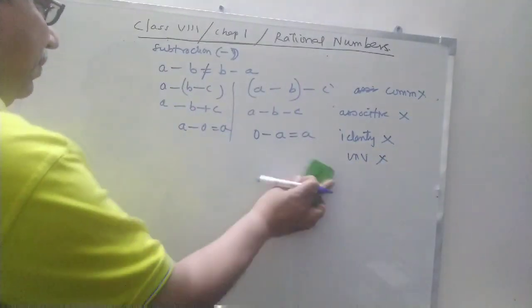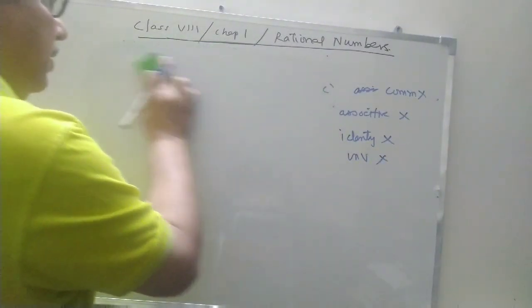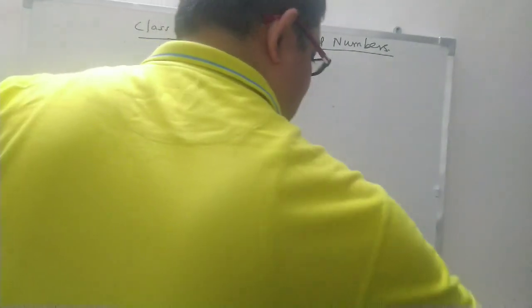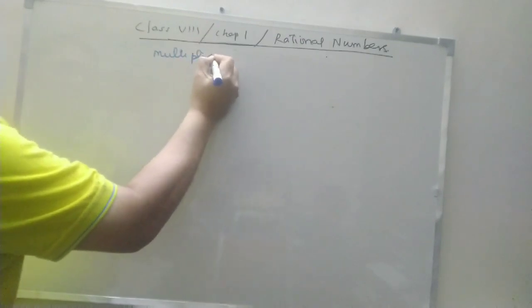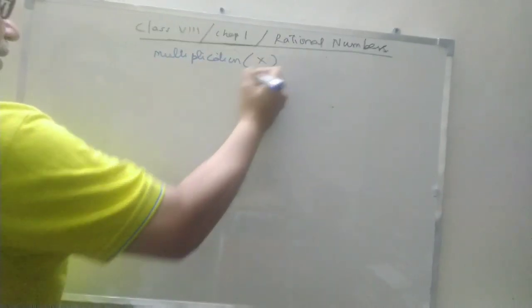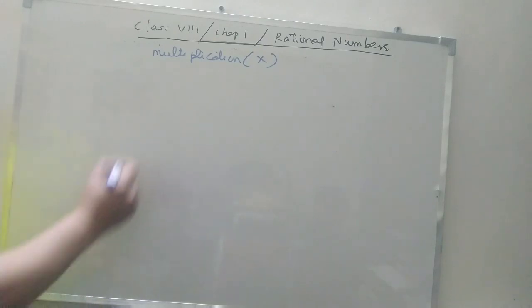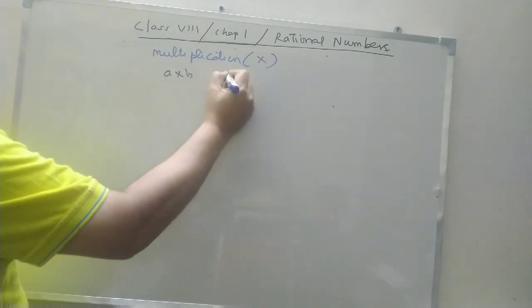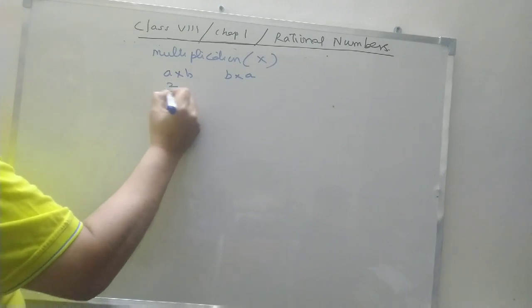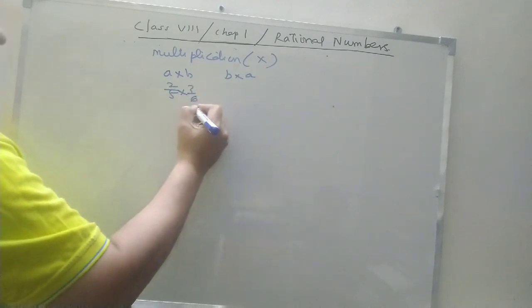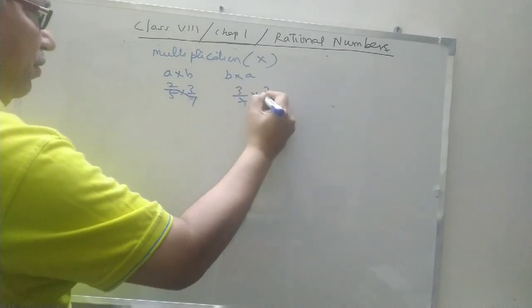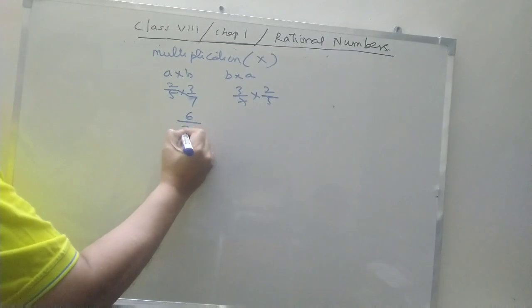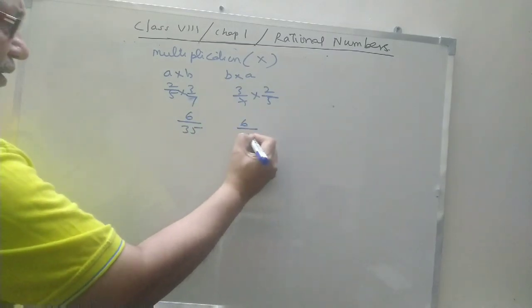Now our next operation is multiplication. Multiplication is also going to be very interesting. See, a into b and b into a. 2 by 5 into 3 by 7, and here 3 by 7 into 2 by 5. 2 into 3 is 6, 35, and 6, 35.